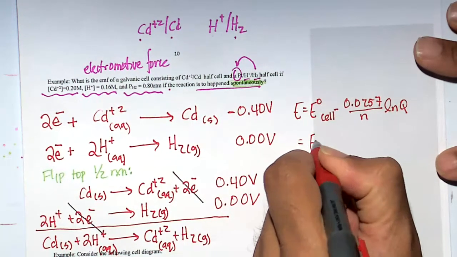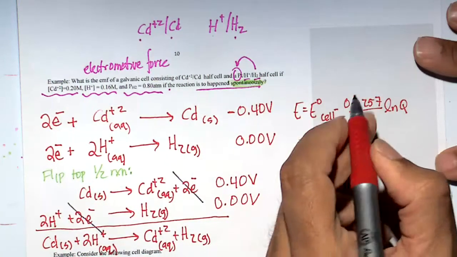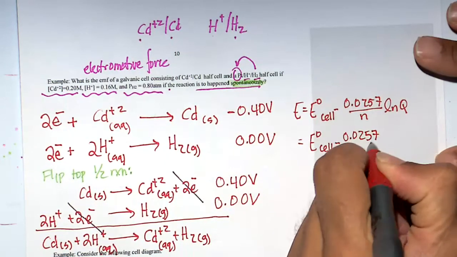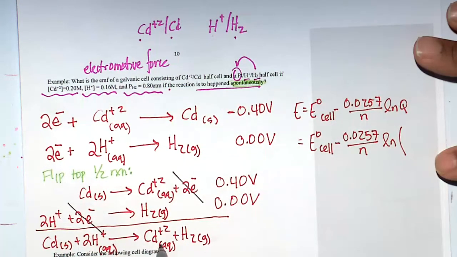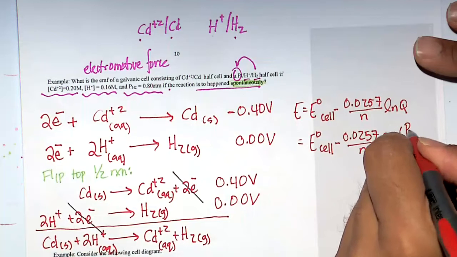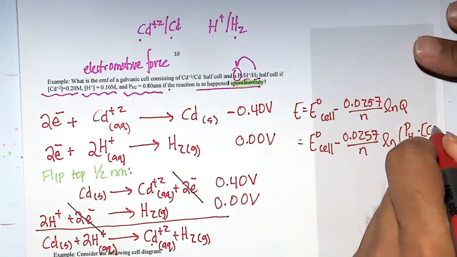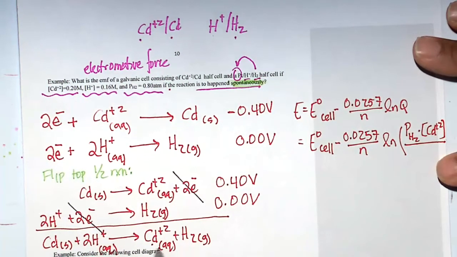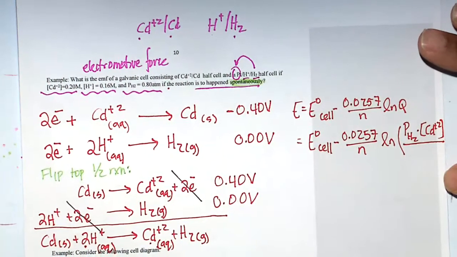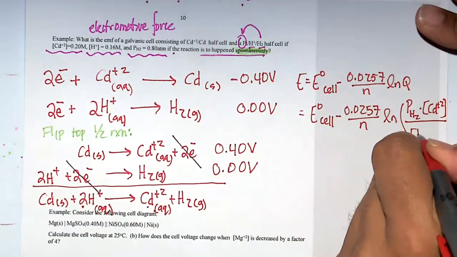So this is the same thing as E cell minus 0.0257 divided by n natural log of products over reactants. So net products is pressure H2 times concentration of Cd plus 2 divided by concentration of H plus. We have to square it.